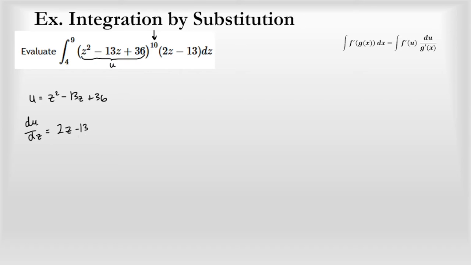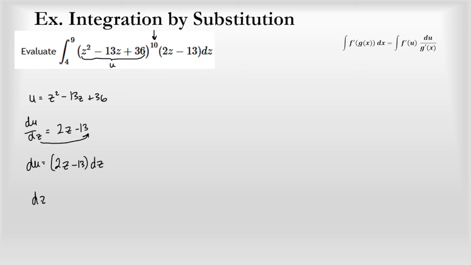Notice that's the term I have over here. I'm going to do a little bit of algebra and move the dz over to the other side, so I get du equals 2z minus 13 dz.